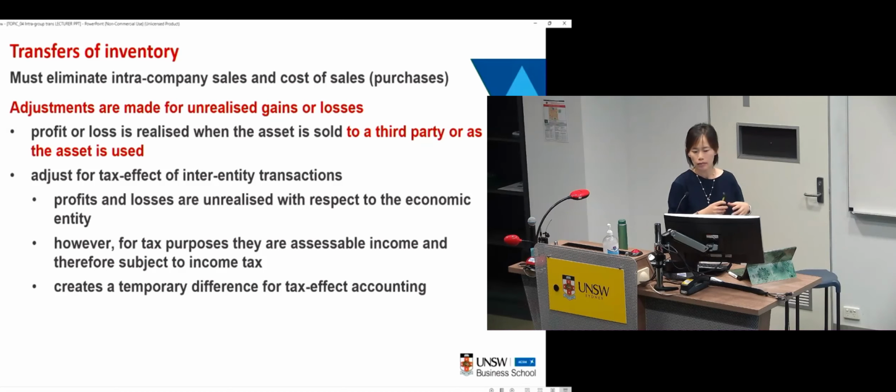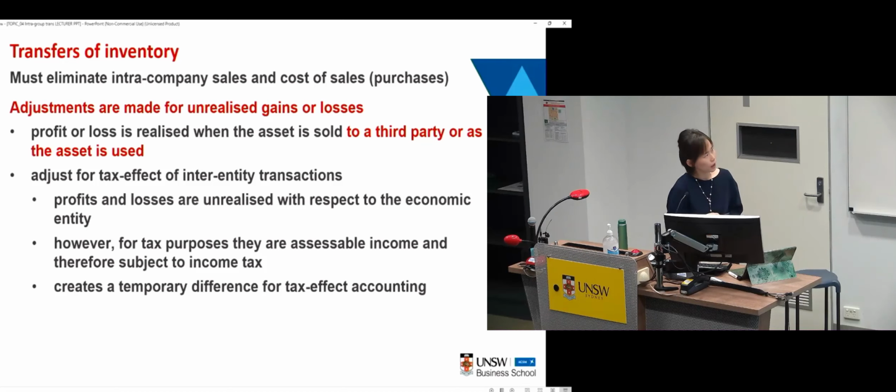So any profit or loss from this intragroup transfer of inventory must be eliminated, right? If it remains unrealized, it must be eliminated for consolidation purposes. And the profit or loss will be realized when the asset is sold to a third party, or when the inventory is sold to an outside party.